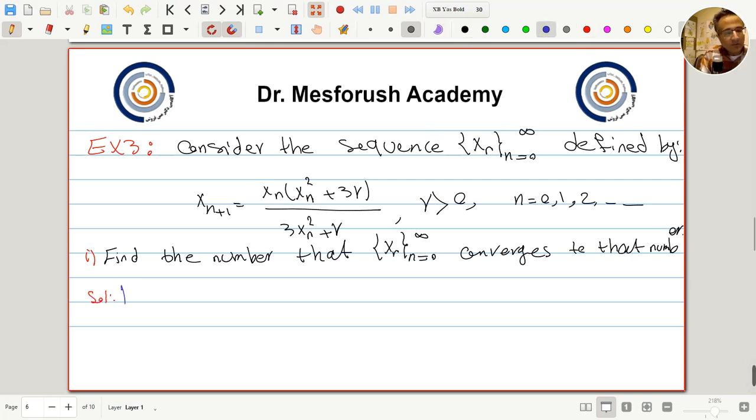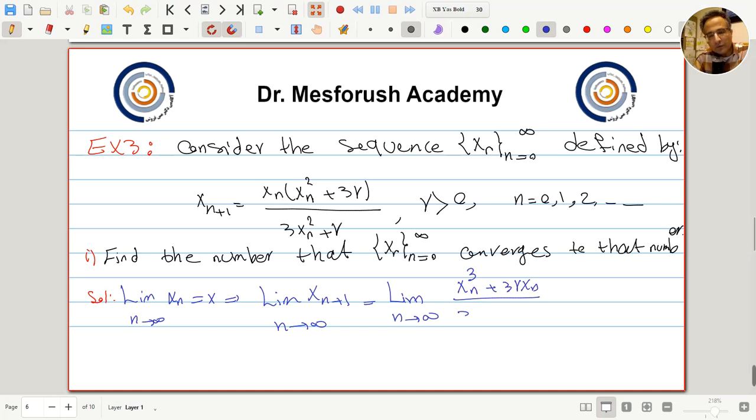To this end, we let n go to infinity, and x_n is equal to, for example, some x. If we take the limit from both sides, we get the limit of x_{n+1} as n goes to infinity equal to the limit of (x_n^3 + 3r x_n) over (3x_n squared plus r).